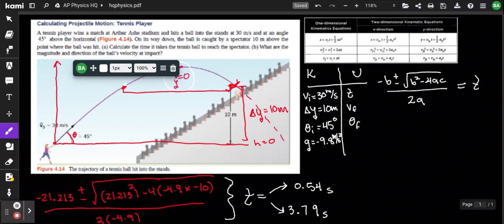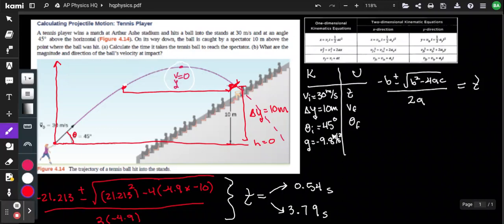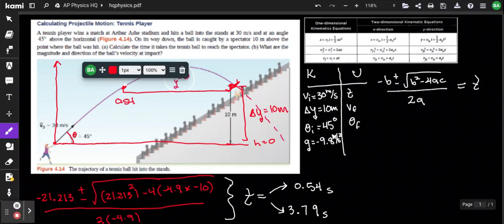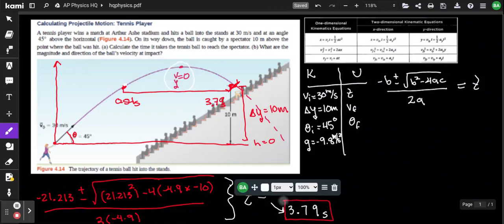The reason we're going to choose the longer time is because the 10 meters we're talking about is farther out in its trajectory than the first one. So it makes sense that the first one here is 0.54 seconds and here is 3.79. So that is going to be the time it takes until it is caught by the spectator.